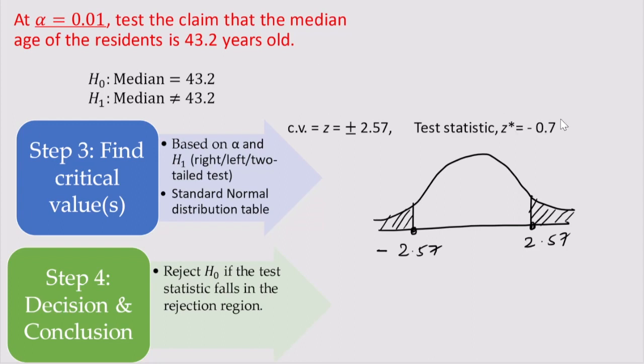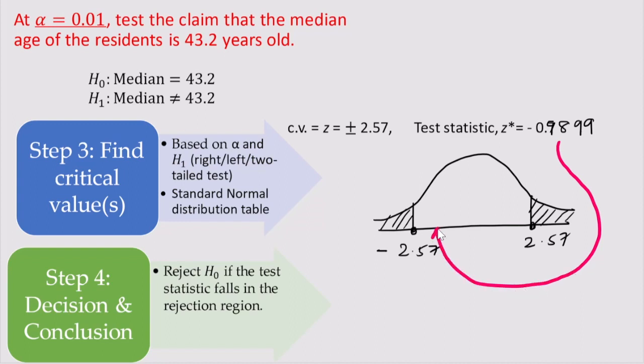The test statistic which we calculated just now was negative 0.9899. Okay, so negative 0.9899 falls outside the rejection region.